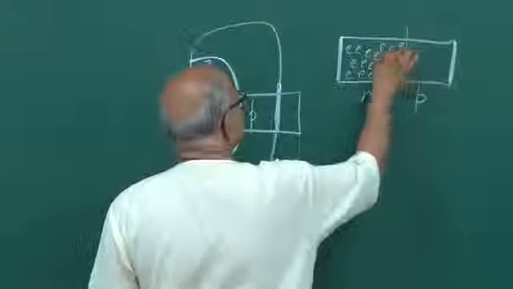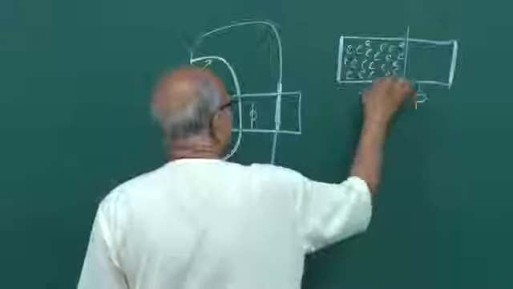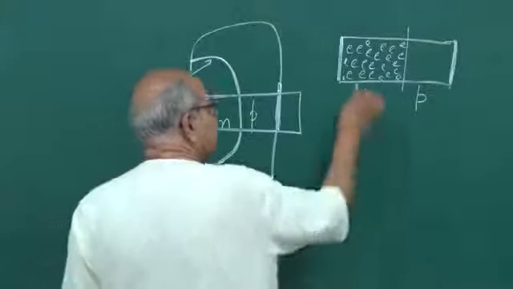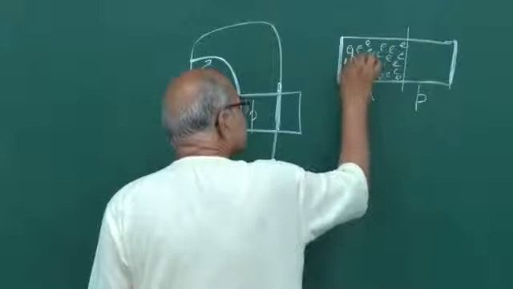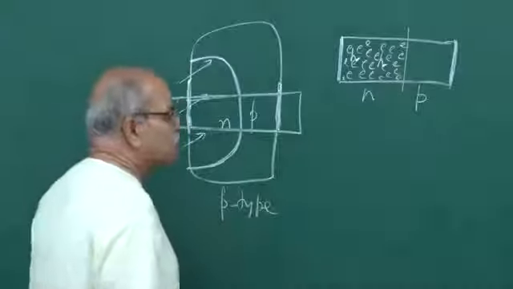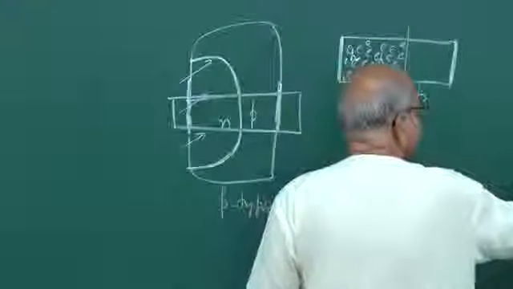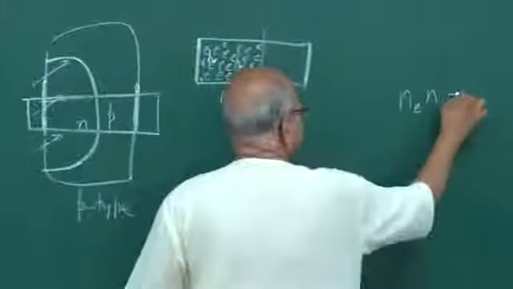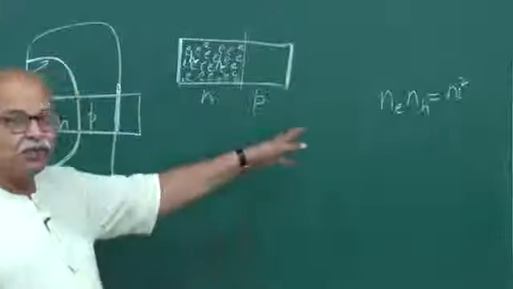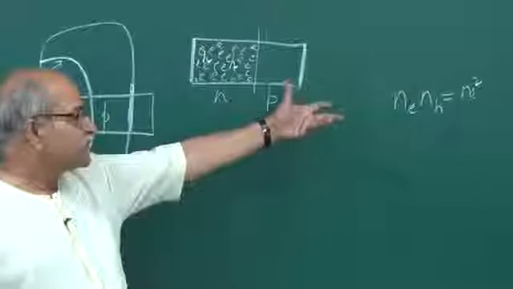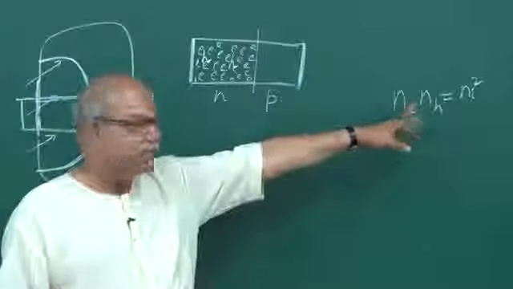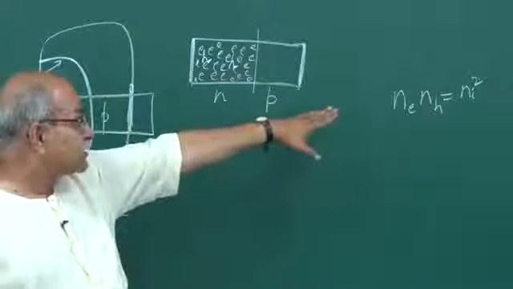You have a large number of free electrons here, and you have some holes here in between, a small amount. Remember, n_e times n_h, that is fixed, n_i squared. And for a ppm type doping, we had calculated that the number of holes reduces to a few thousands per centimeter cube, but they are still there.